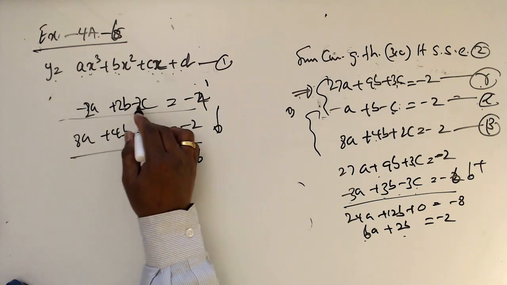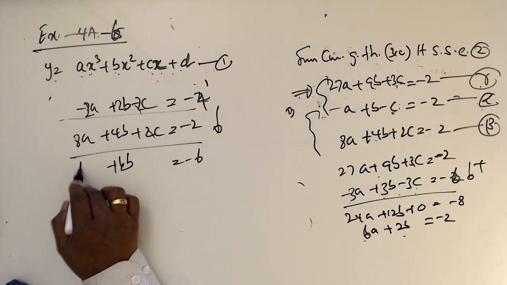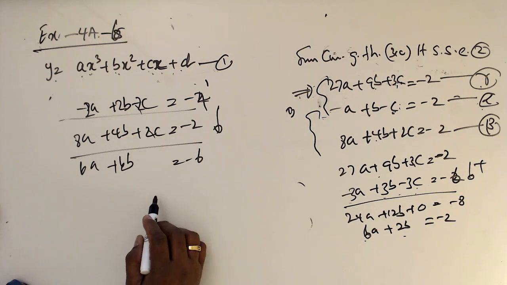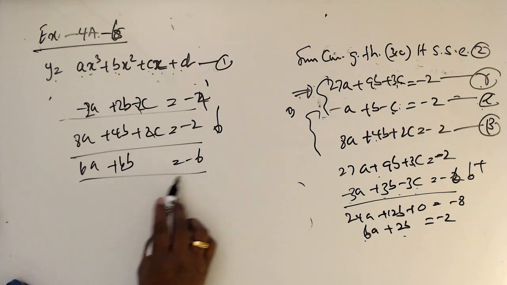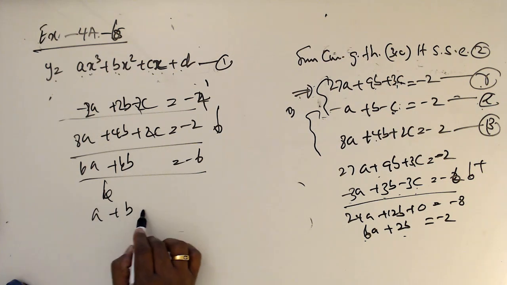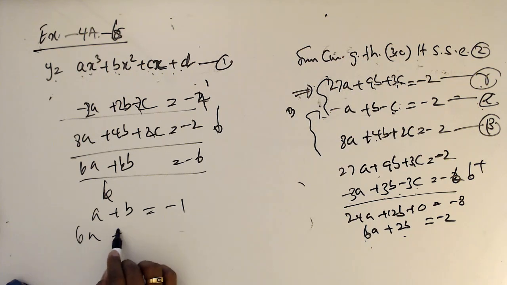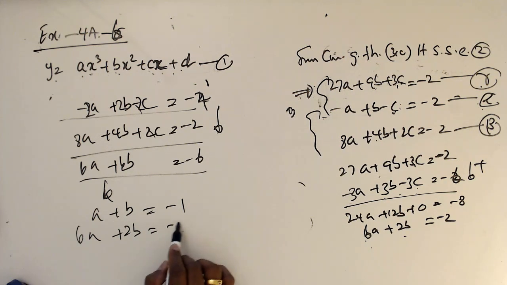Minus 6 equals, the C cancels out, this is 6B and this is going to be 6A. Now I can divide everything by 6: A plus B equals minus 1. Now I have 6A plus 2B equals minus 2.